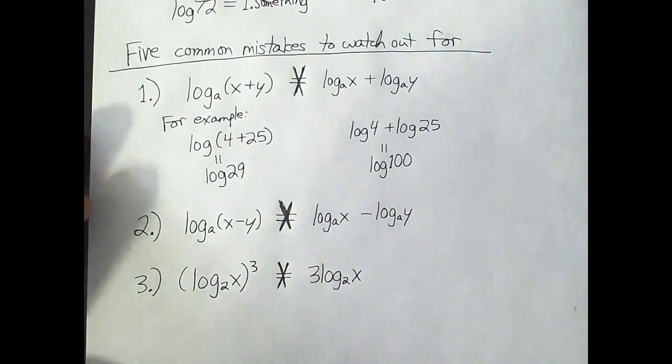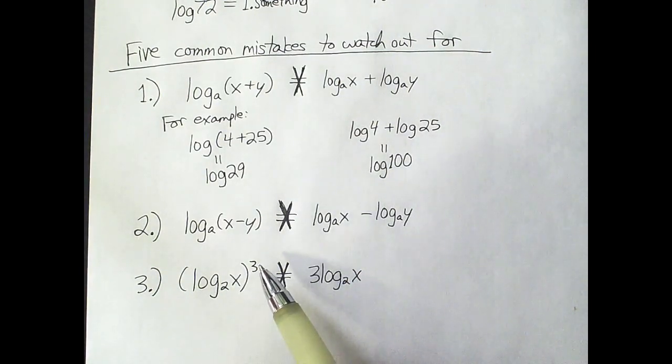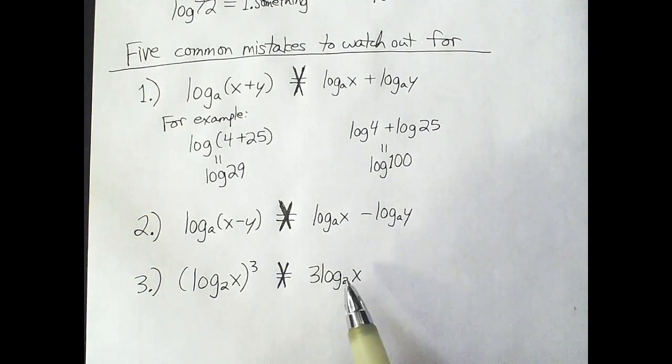What makes this not equal is the parentheses. The parentheses mean that this exponent is on the outside, and we're not just talking about x cubed. If the 3 was on the inside of the parentheses, that would be a different story. But because the 3 is on the outside of the parentheses, you can't do this. So watch out for that.